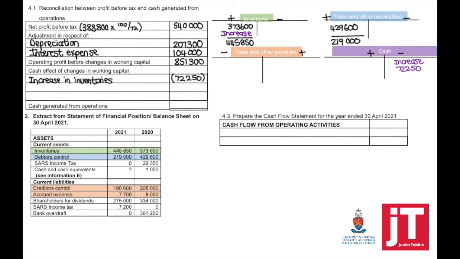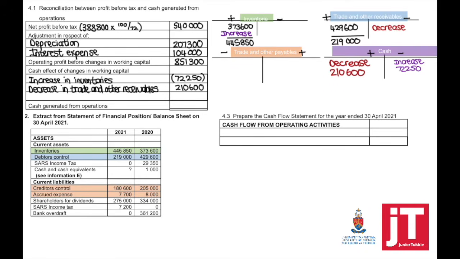If we now look at trade and other receivables and we look at what does it consist of, it consists of our debtors control and SARS income tax. But now SARS income tax is calculated separately, so we need to exclude that. So we're just going to take the difference. We can see that there's a decrease from last year to this year, and a decrease will have an inflow effect.